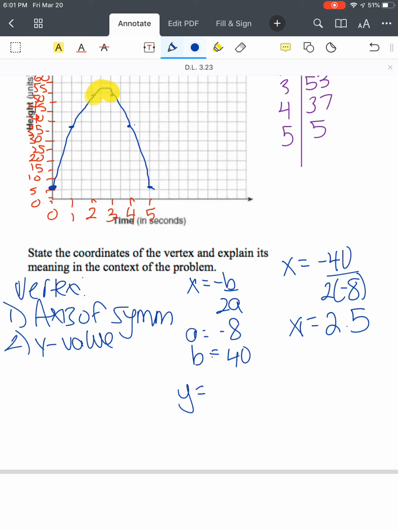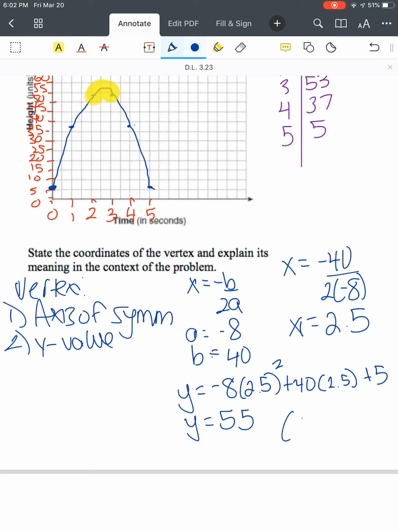So y equals, well, the original problem is negative 8t squared, so I'm going to plug in 2.5 every time I see x, or really t, plus 40 times 2.5 plus 5. Why don't you pop that into your calculator? I got 55. y equals 55. So the coordinates are 2.5 comma 55.